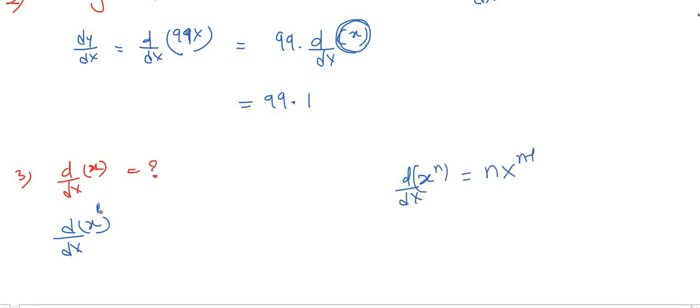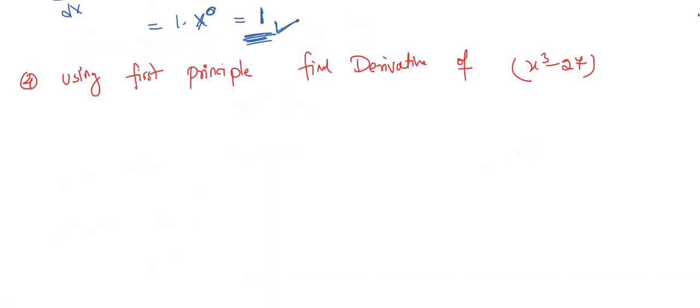And what is n here? n is 1. So 1 x raised to power 1 minus 1, which is 1 x raised to power 0. Anything to the power 0 is always 1. So this is my answer. Then they are saying at x equal to 1. There is no need to put x equal to 1 because the answer itself is 1. There is no variable.